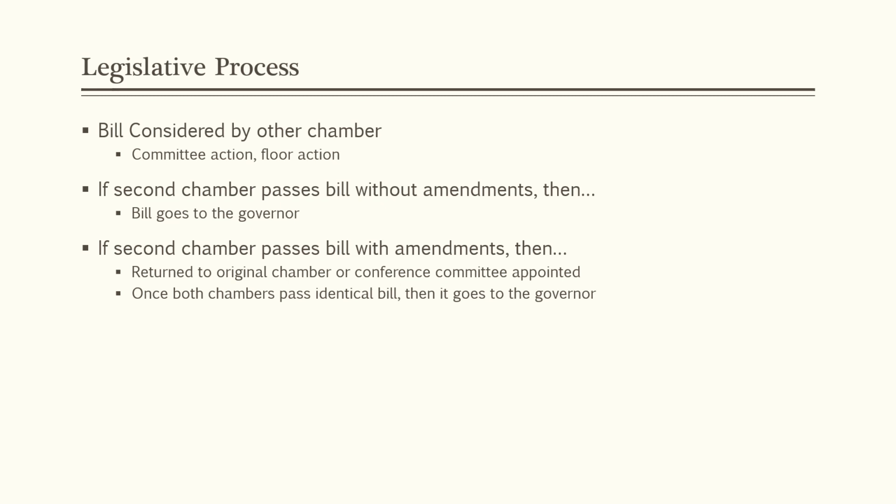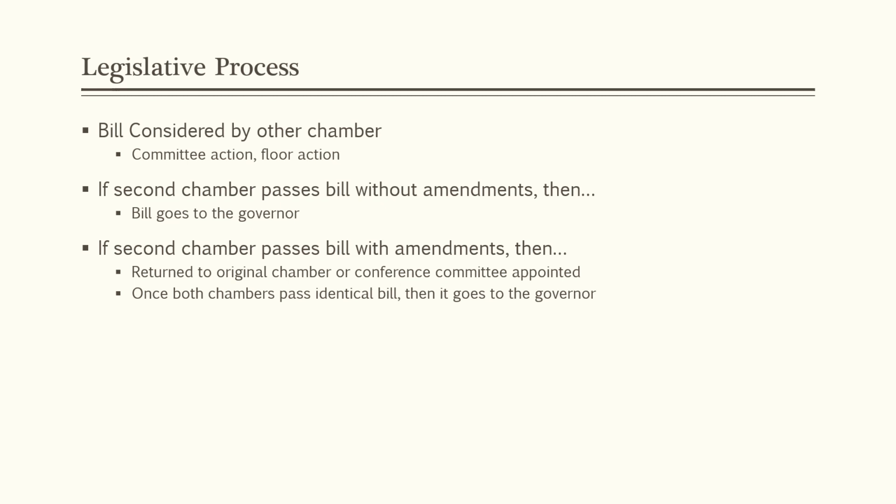One option is the second chamber can then send the bill back to the original chamber, and that original chamber can then vote to approve the changes that the second chamber made, in which case the bill will then go to the governor. Or oftentimes what happens is a conference committee is appointed. And this is a committee made up of members of both the Assembly and the Senate. And their sole purpose is to iron out the differences between the two versions of the bill.